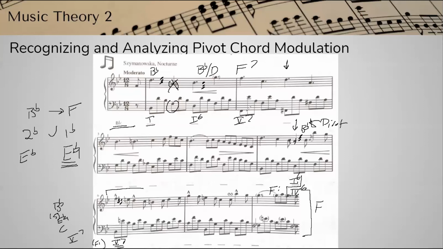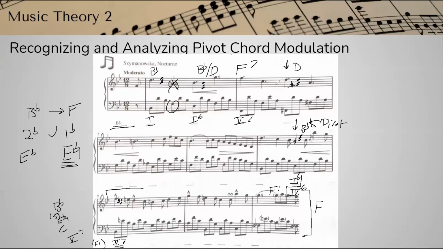So what happens with those other ones with the accidentals? Well, they're probably going to be secondary functions since they didn't last a long time. So let's see if we can figure out what those would be. Here we have an F sharp in the bass. Our next note up is another F sharp. Then we have an A, and then we have a D. So that's a D major chord, and that doesn't belong in the key of B flat.